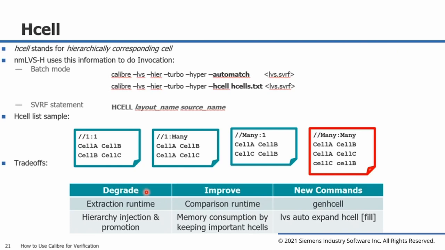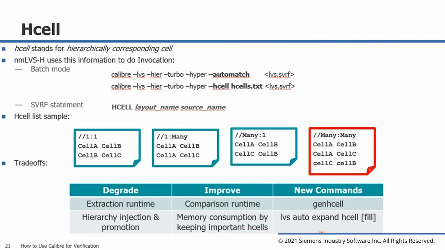Here you can see if you do not have a good hash cell list, it will increase the extraction time, and a lot of hierarchy injection and promotion will happen. If you have a good hash cell list, then it will improve comparison time. Memory consumption will reduce as well.